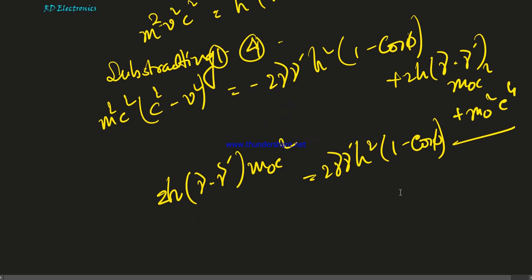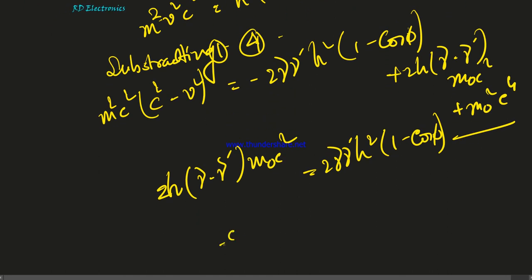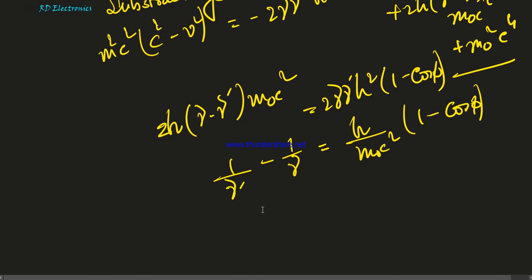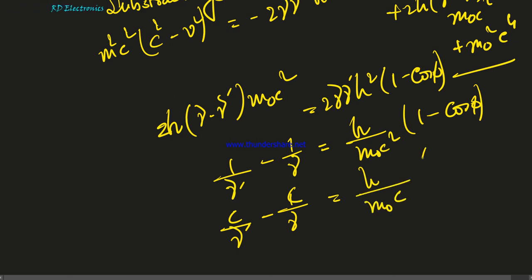After some more mathematical derivation, we get 1 by nu dash minus 1 by nu equals h by m0 c square (1 minus cos phi). Now if we multiply by c, then this is not c square, this is c.